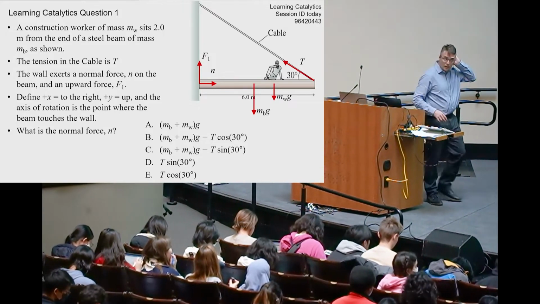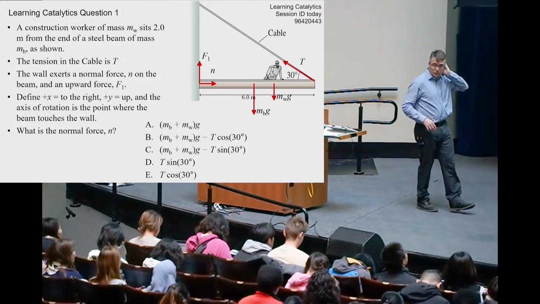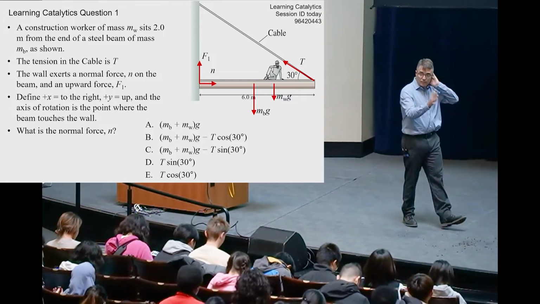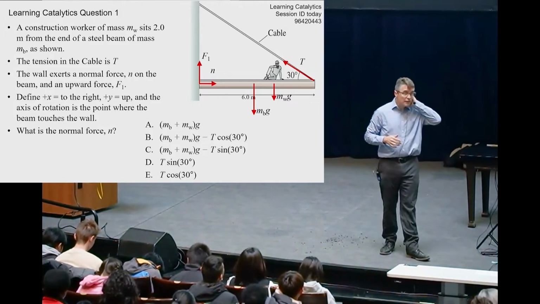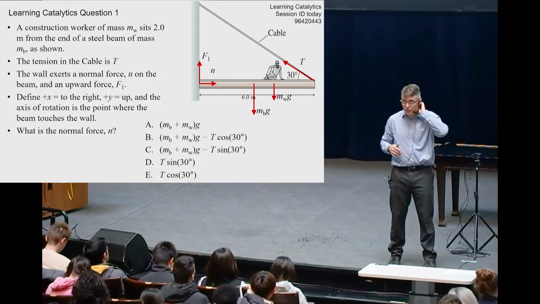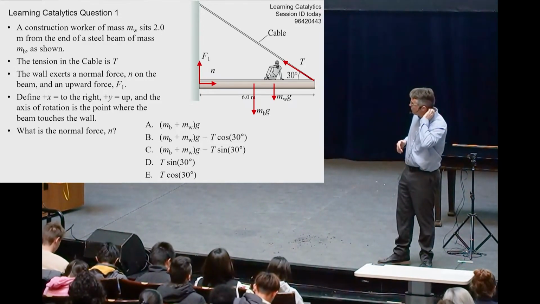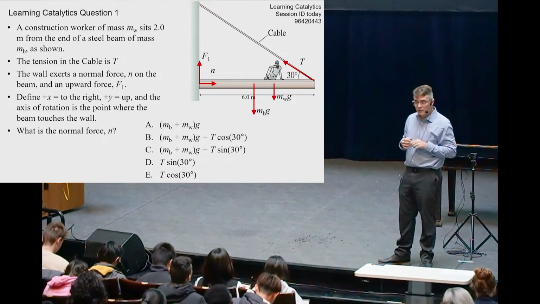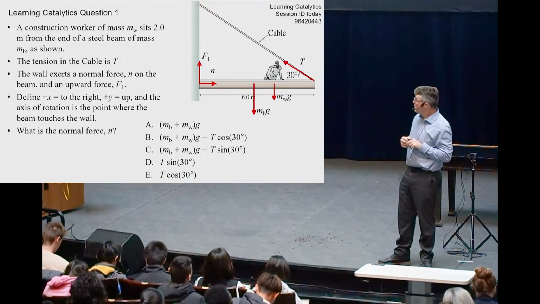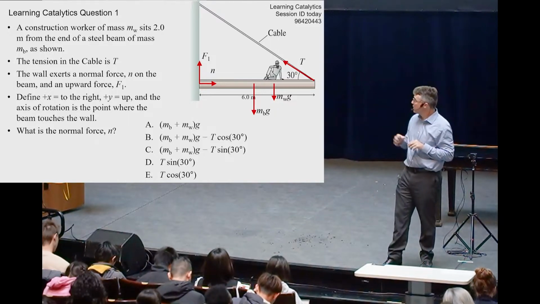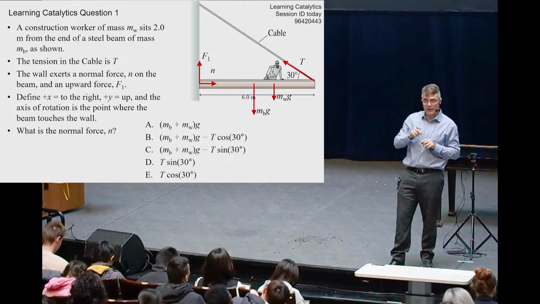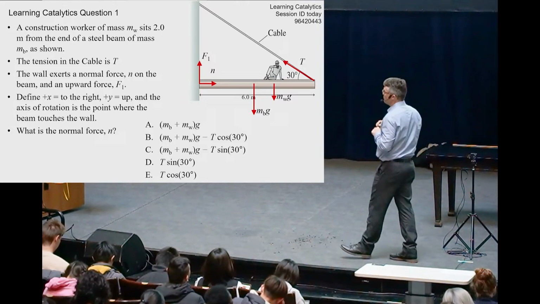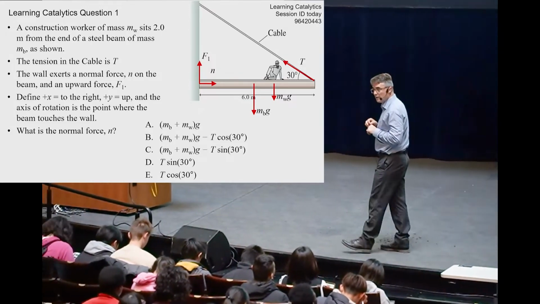Okay. Let's do a couple of learning catalytics questions on this. And again, the point here is that the net force is 0, and that the torques about any axis you want are 0. So here you have a construction worker of mass MW sitting on a beam. The beam is uniform, so it has, at the 3-meter point, a downward gravity force acting on it of mb times g.